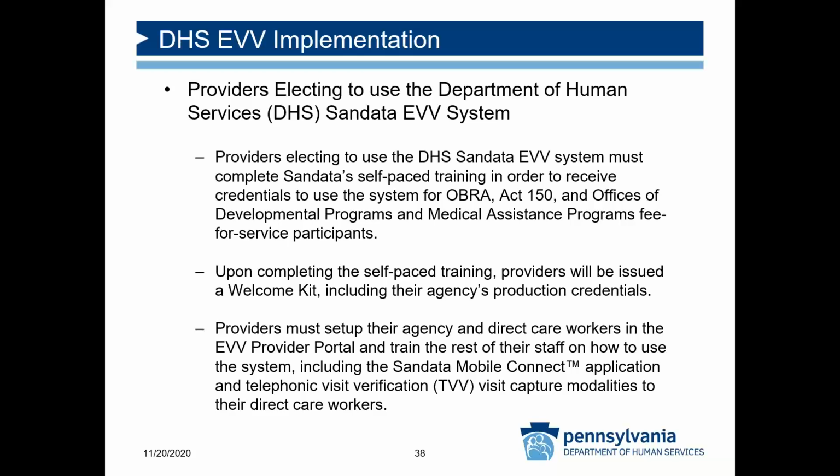Upon completing the self-paced training, providers will be issued a welcome kit, including their agency's production credentials. Providers must set up their agency and direct care workers in the EVV provider portal and train the rest of their staff on how to use the system, including the SANdata Mobile Connect application and telephonic visit verification, visit capture modalities to their direct care workers. Next slide.